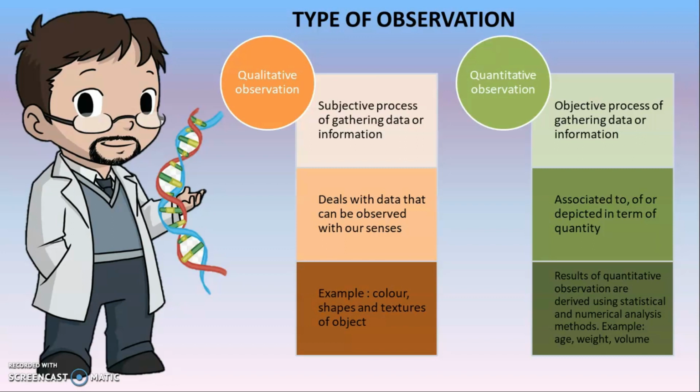Depicted here is the mean. So quantitative observation is the process of gathering data that can be measured, because as you can see, for quantitative observation we use statistical and numerical analysis, which are age, weight, and volume that can be measured. So basically, qualitative is something that we cannot measure, and quantitative is the process of gathering data that we can measure.